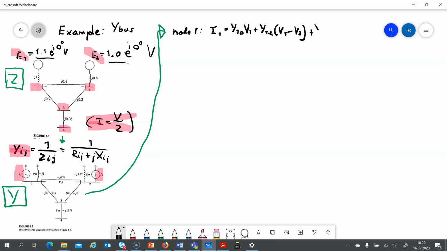And then plus Y13 times the voltage drop V1 minus V3.